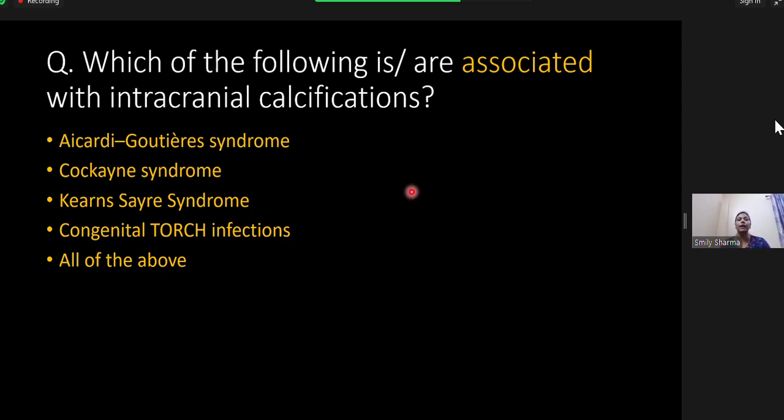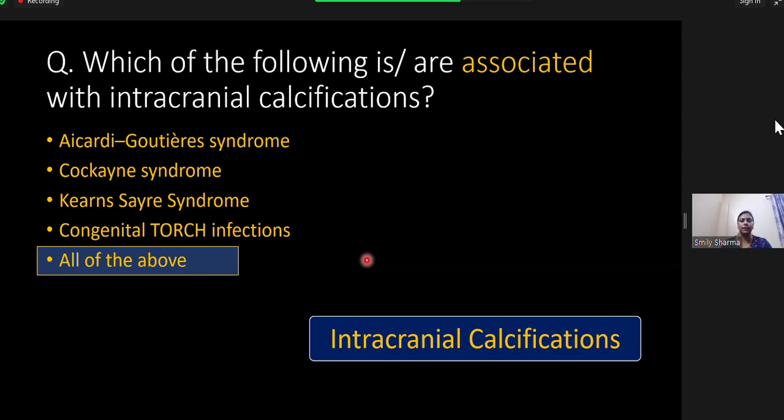So which of the following are associated with calcifications on MR? Yes, all of the above are associated with calcifications, and we'll also see these cases in the subsequent slides.